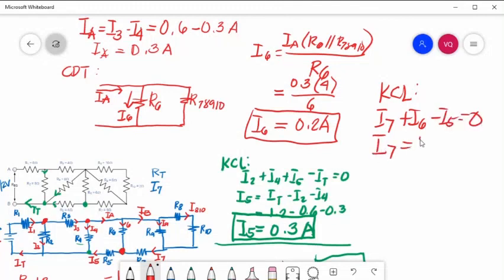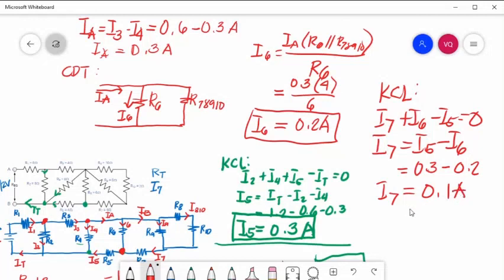So, I7 is equal to I5 minus I6. Our I5 is 0.3 amperes minus 0.2. So, I7 is equal to 0.1 ampere, or 100 milliamperes.